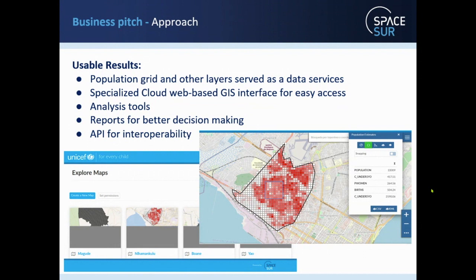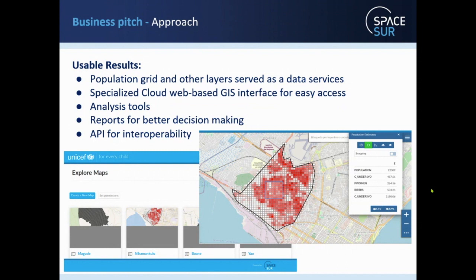We can show this through a GIS interface for easy access, and we define different analysis tools and interoperability to interconnect all the aspects of the data.